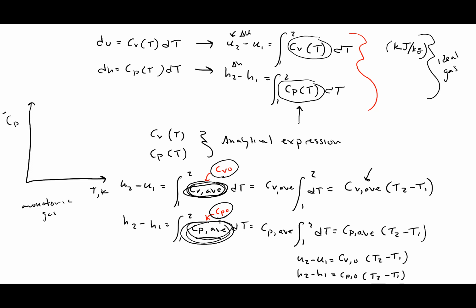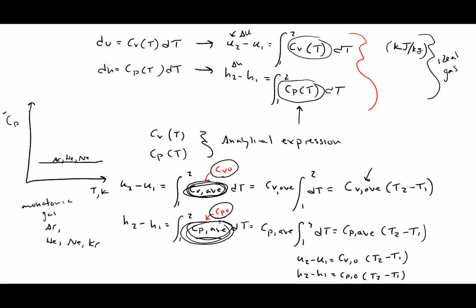So I'm just going to make a list. So argon, helium, neon, krypton. The specific heat for these gases doesn't vary with temperature. So basically, you just end up with a straight line. So this would be argon, helium, neon, etc. So monatomic gases.